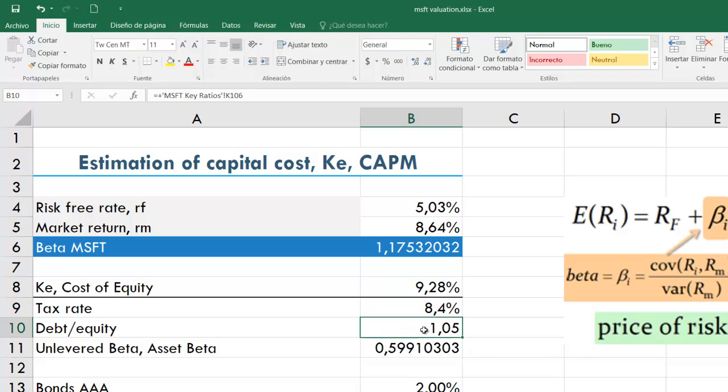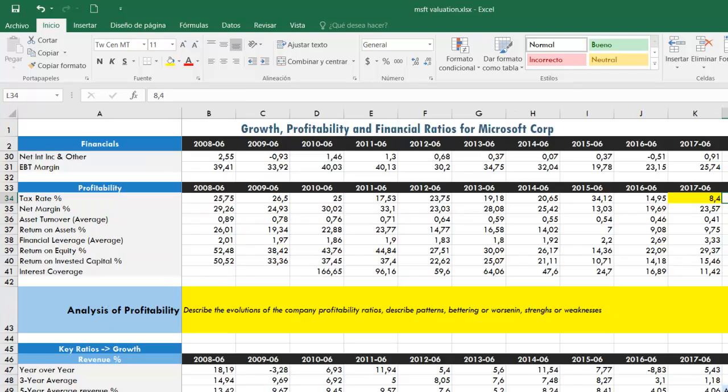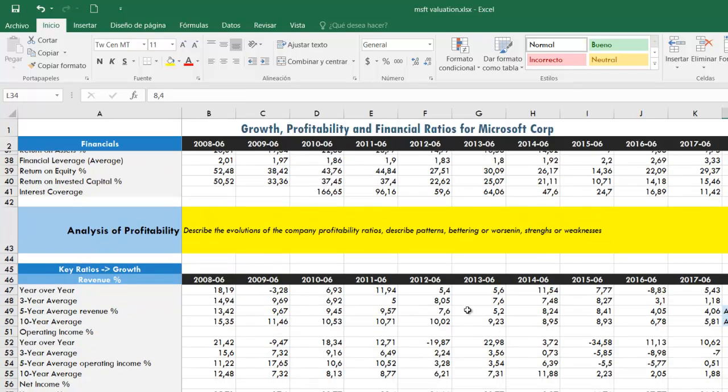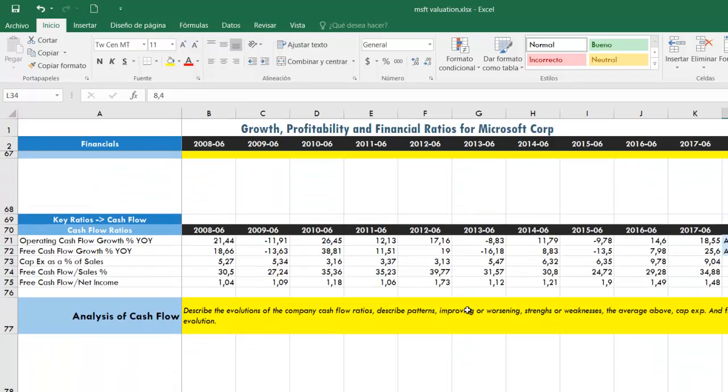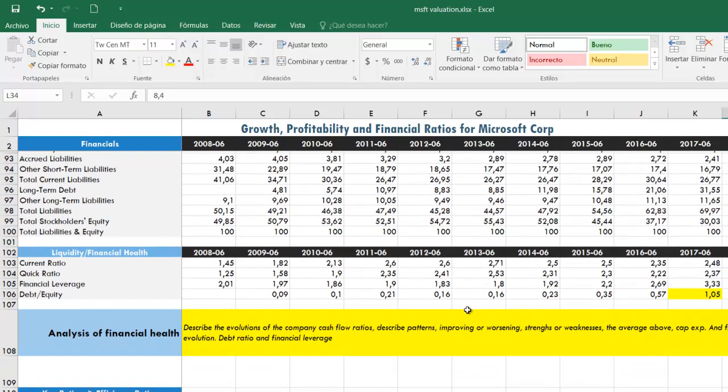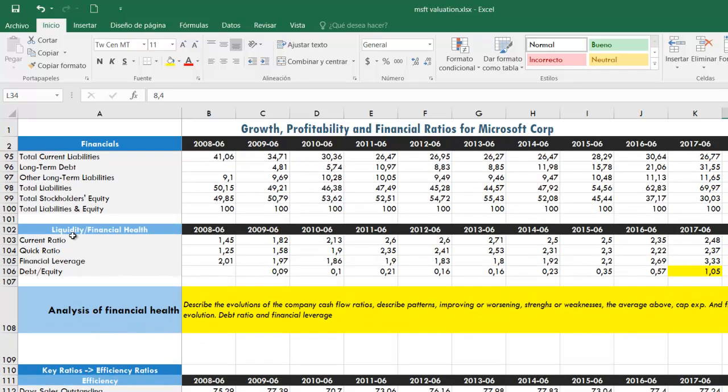Then the debt to equity ratio, which is the division of total liabilities or debt by our net equity. That estimation is already on the key ratios sheet, so you go into that one, and as you browse, you need to go to the liquidity and financial health section, and it's the last one on row 106.